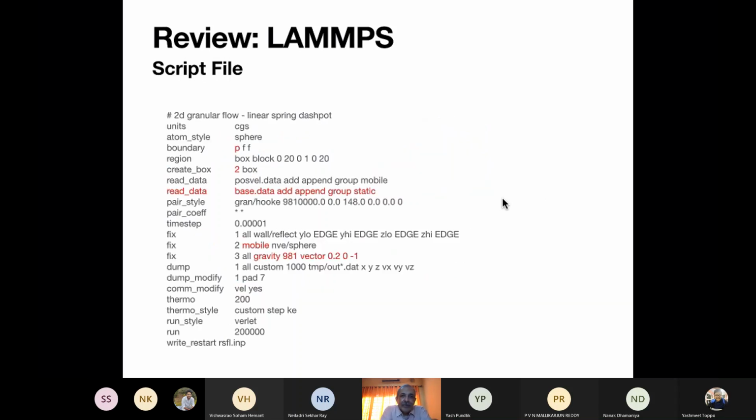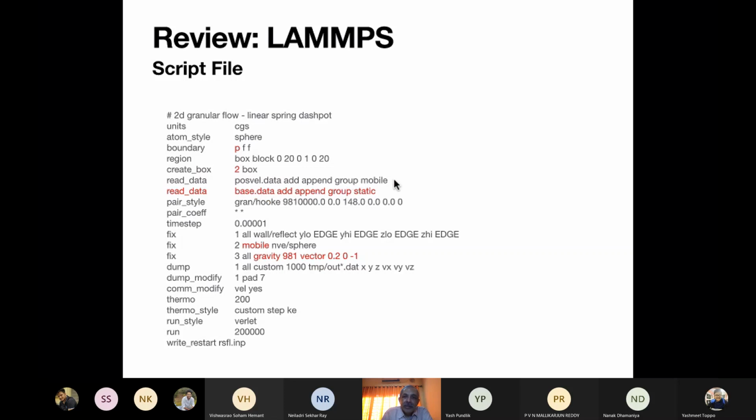And then this is the script where the main additions are that you have periodic boundary conditions in the direction of the flow. There are two types of particles. The moving particles, which are given in this data file, posrel.data. And then there are the base particles, which is in base.data. And these are static.